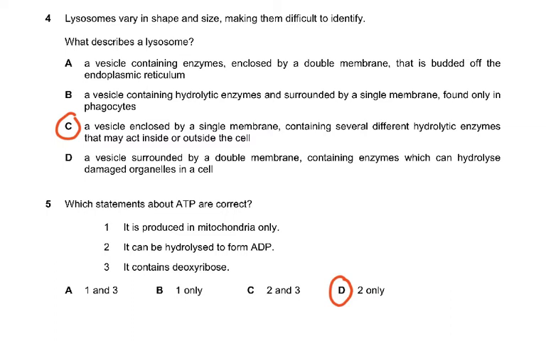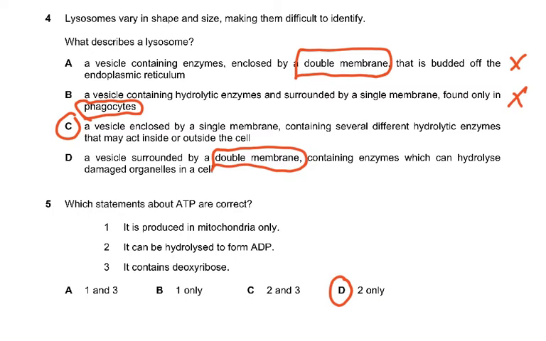Now this one is wrong, because it's enclosed by a double membrane. Then a vesicle surrounded by a single membrane found only in phagocytes. That's again wrong, because phagocytes are present in a whole lot of other cells as well. If you did not know, a lysosome has a single phospholipid bilayer, and it contains hydrolytic enzymes.